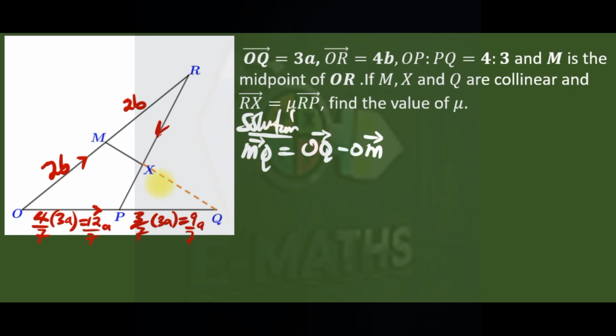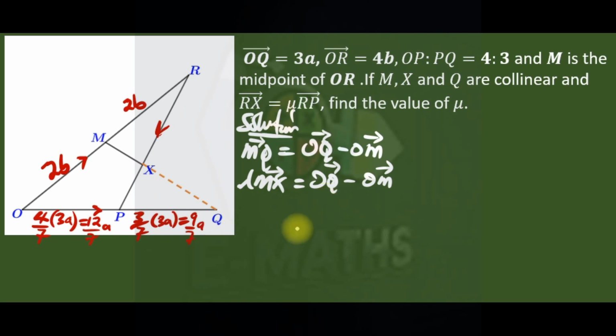Okay, we can easily see that MX is a fraction of MQ. So let the fraction be lambda. So we can see that MQ will be lambda MX. Do you get the logic? From the diagram, you see that MX is a fraction of MQ. So that's why I say let's call MQ lambda MX.